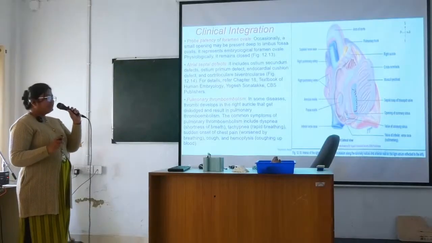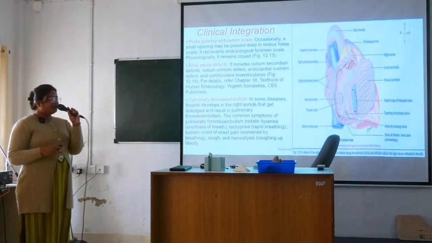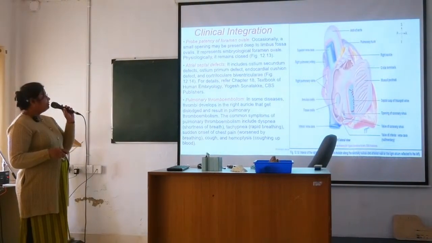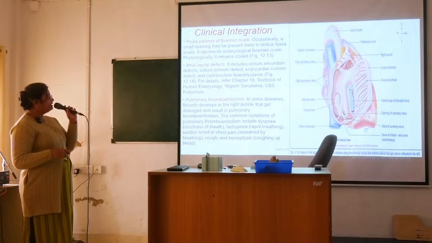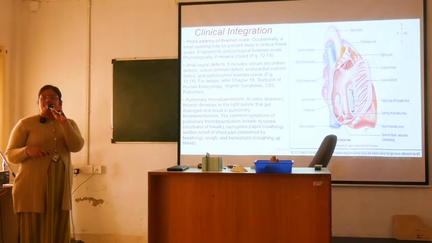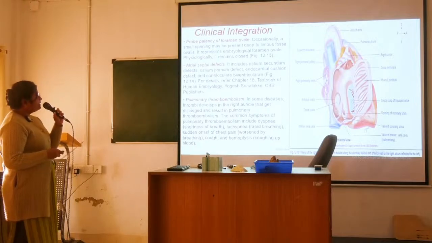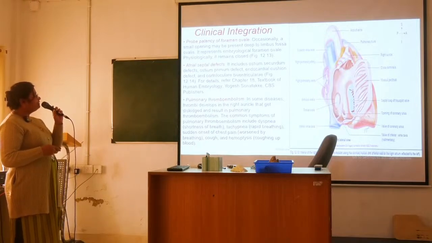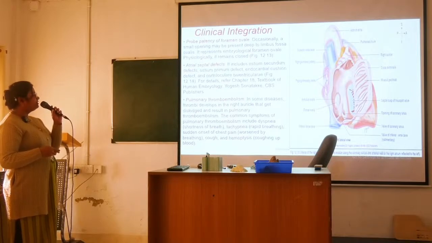Now you concentrate on the different parts of the interior. Okay. Now pulmonary thromboembolism. In some diseases thrombi develop in the right auricle. This is clinically important. Okay, it comes as an explain-why question. Why in some diseases do thrombi develop in the right auricle, get dislodged and result in pulmonary thromboembolism?